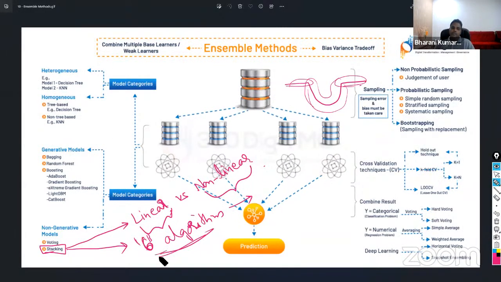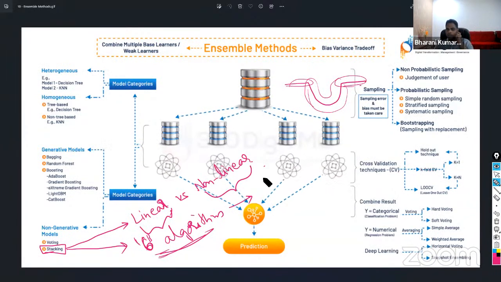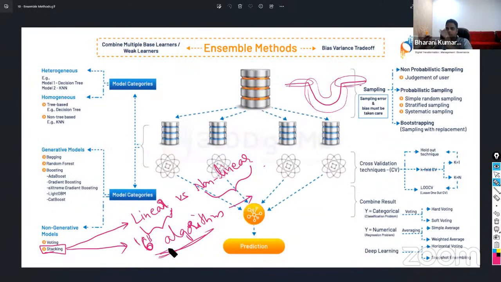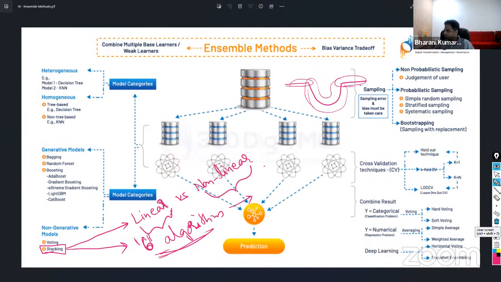So we have to decide upon algorithms which have very different underlying math equations, so that each algorithm captures patterns in a different manner. And then when we combine them, it makes a lot of sense. Yeah, that's my take, Nitin.